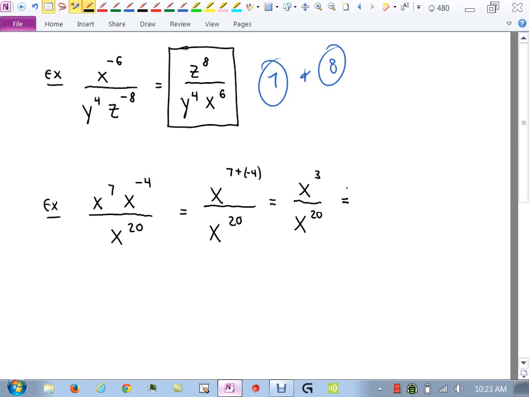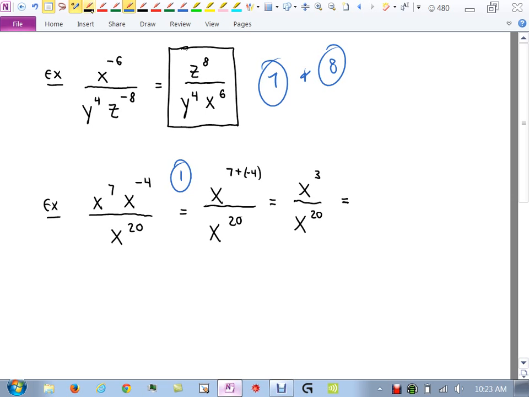Okay, something is about to happen. I want to see what you do here. What property now? That was property 1, right? What property can I use on this? Property 2. 2 says I'm supposed to take the power on the top, right? And subtract the power on the bottom.